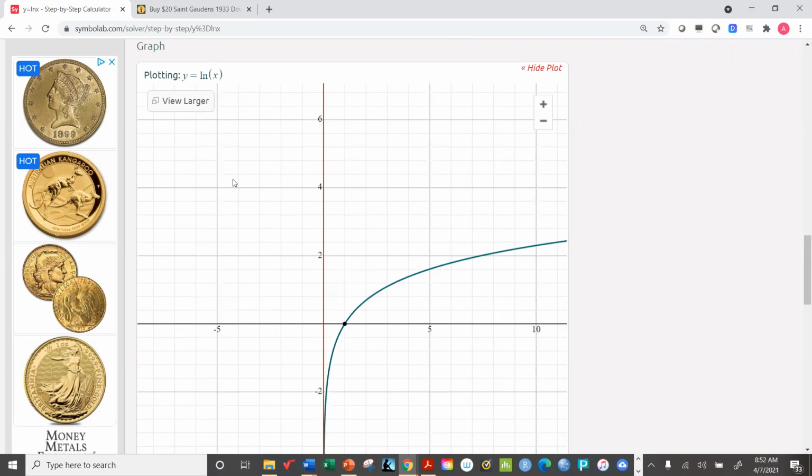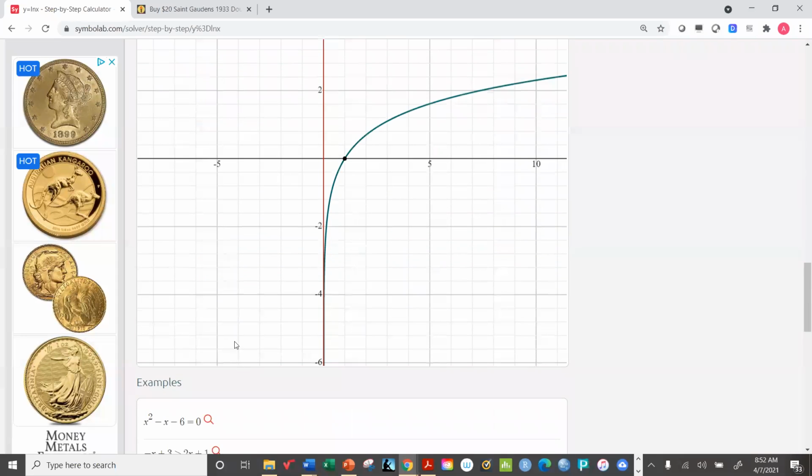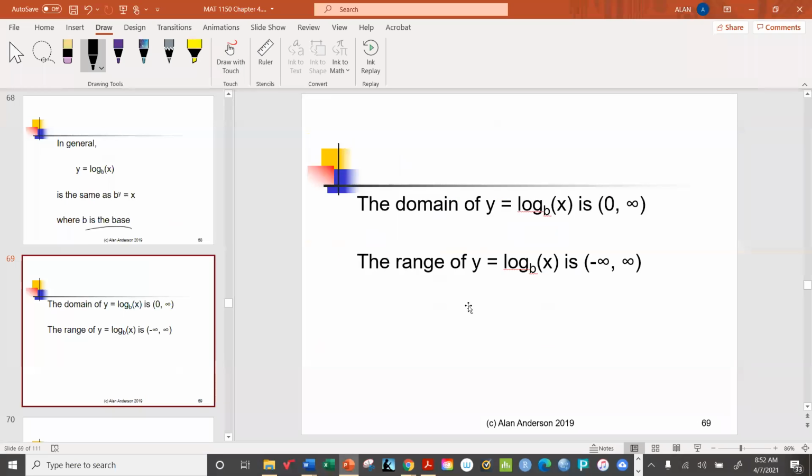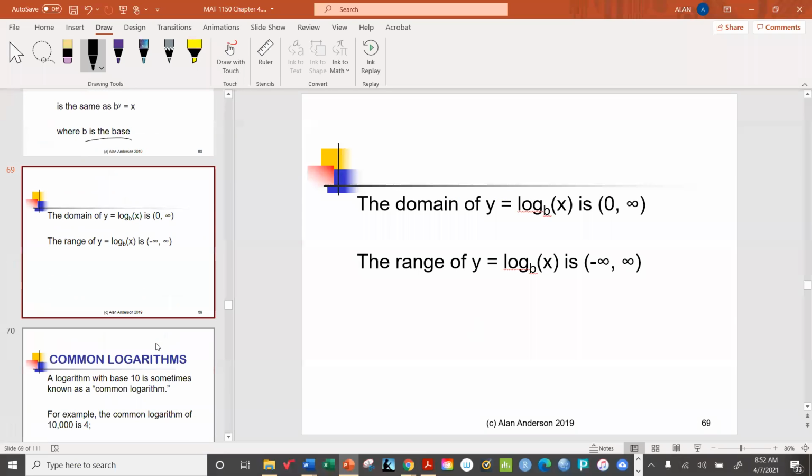Okay, so this function will never appear in the second or third quadrants. And the intercept is (1, 0), because the natural log, or any log, of 1 is equal to 0. So that's one of the more interesting properties of logarithms. The natural log of 1 is equal to 0.